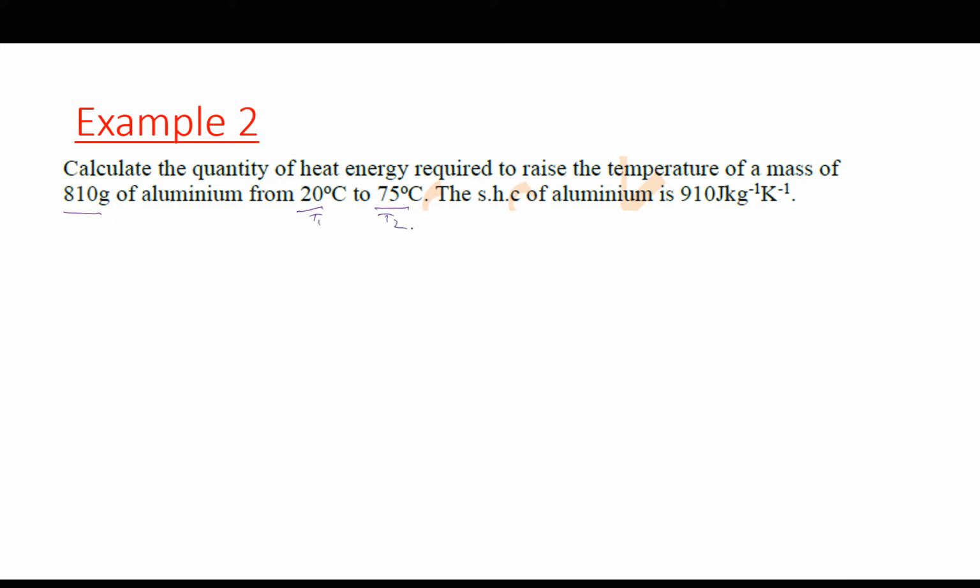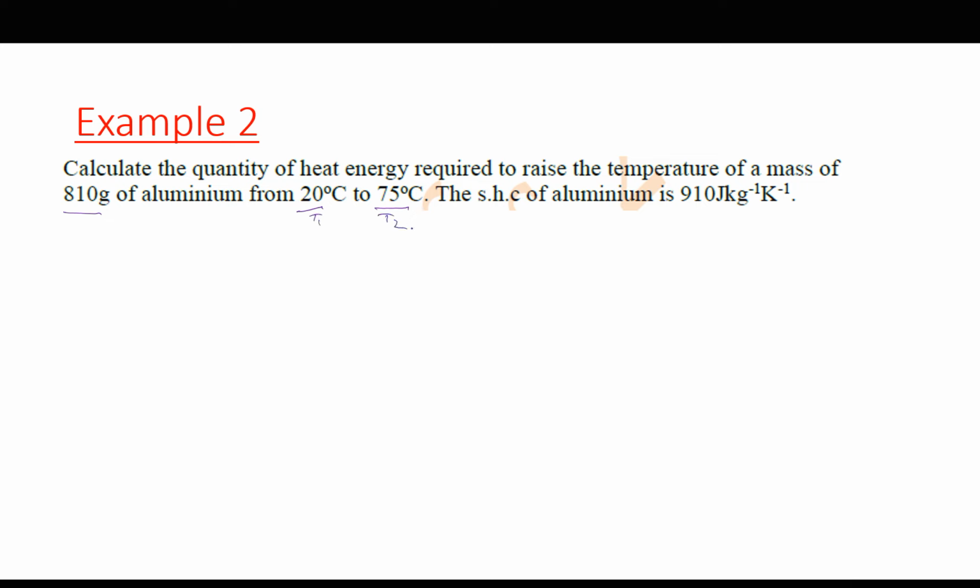The specific capacity is given, so that is very easy. Amount of heat is equal to mc delta theta. The mass is 0.81, specific capacity is 910, and the change in temperature will be 75 minus 20.